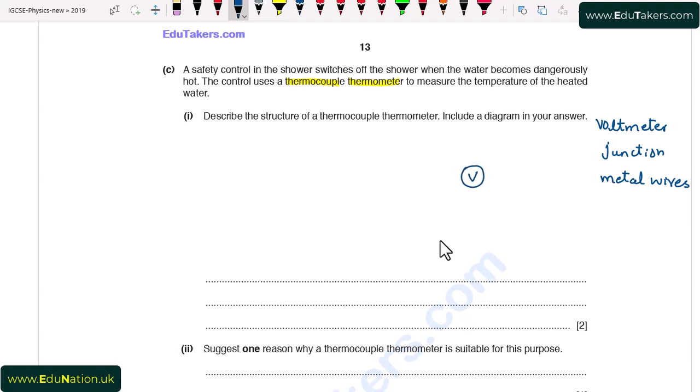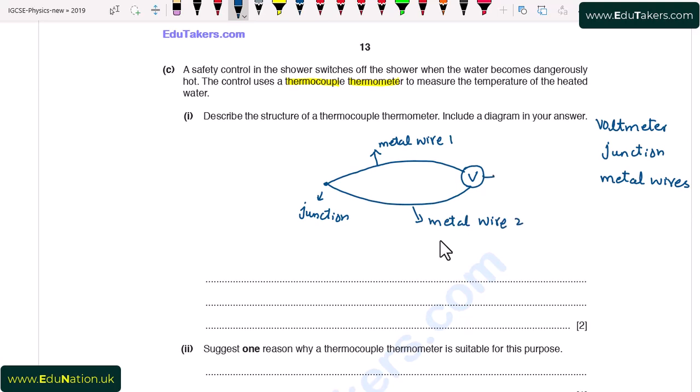It's a voltmeter and there is a junction at this point. And I label it junction. This is metal wire 1. And it is metal wire 2. And this is the voltmeter.